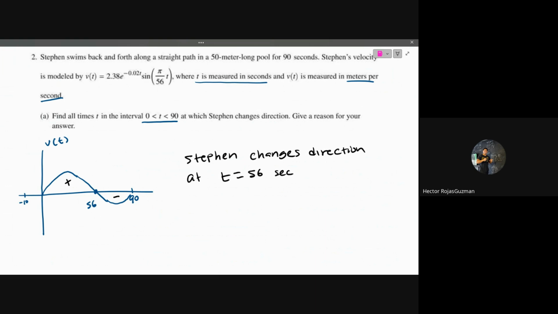And we have to make sure to give a reason for our answer, not just the answer. From going forward to backwards, since velocity goes from positive to negative.